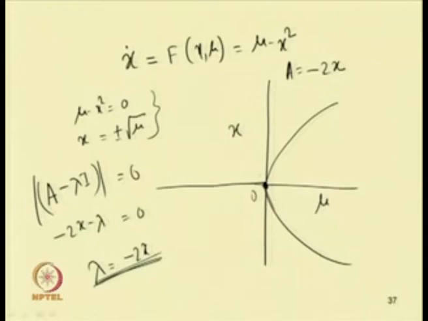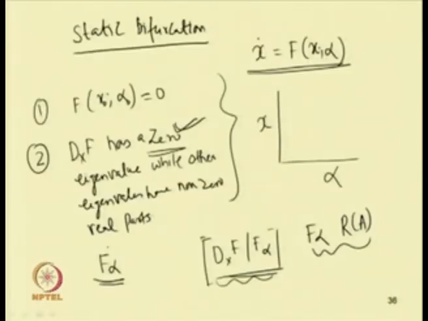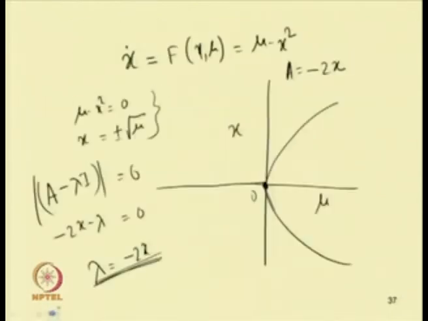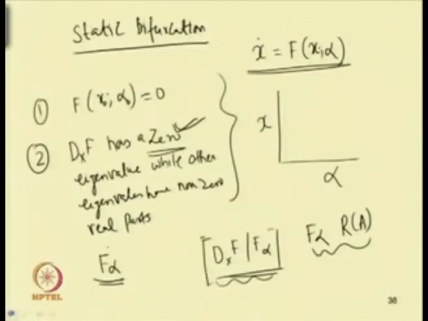As we have a 0 eigenvalue, it satisfies the second condition, that dxf has a 0 eigenvalue, and the first condition is also satisfied at mu equal to 0. So, mu equal to 0 corresponds to the static bifurcation point. This origin is a static bifurcation point as it satisfies both conditions, that is f of x0, alpha 0 equal to 0 and dxf has a 0 eigenvalue.